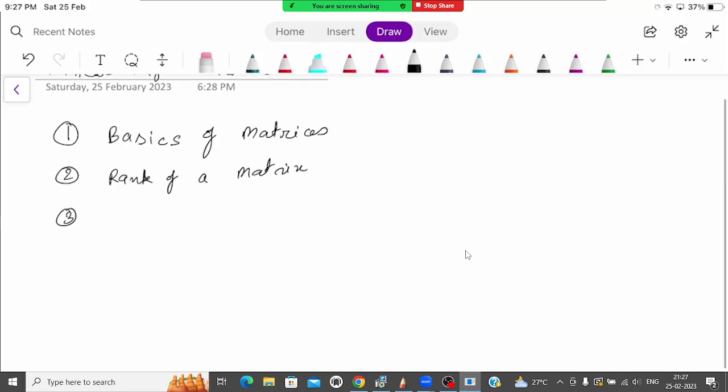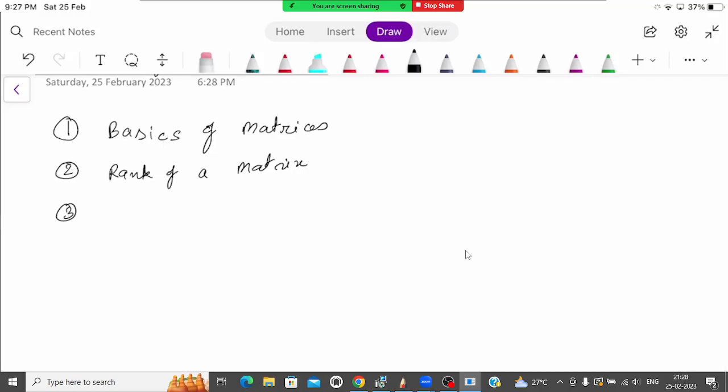Third topic would be system of linear equations.